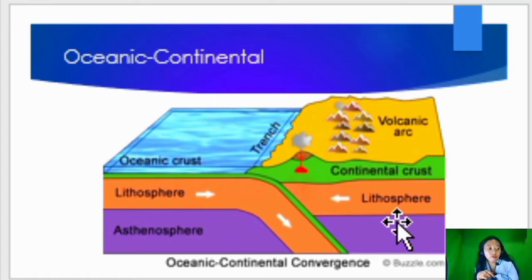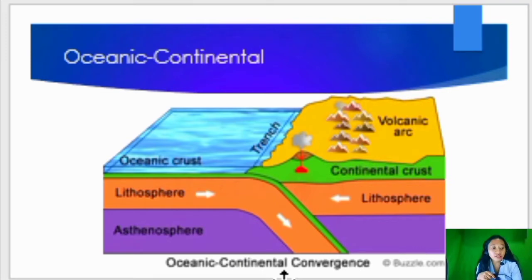When an oceanic crust converges with the continental crust, a crack between the crusts underwater, called a trench, is formed. So this is the trench. Since oceanic crust has a greater density, it will dive down, or subduct, under the overriding plate, which is the continental plate, as I said earlier.